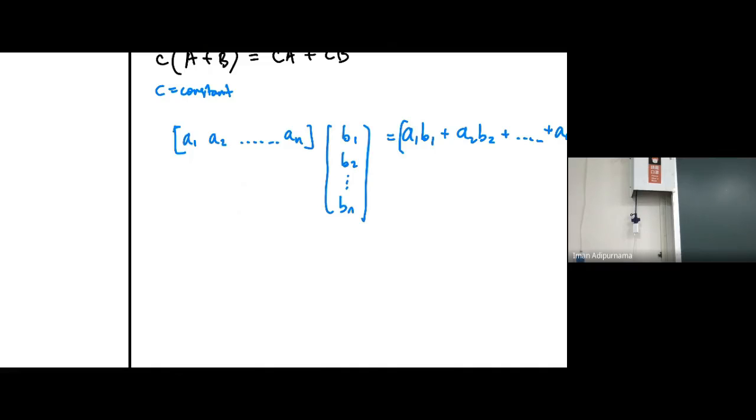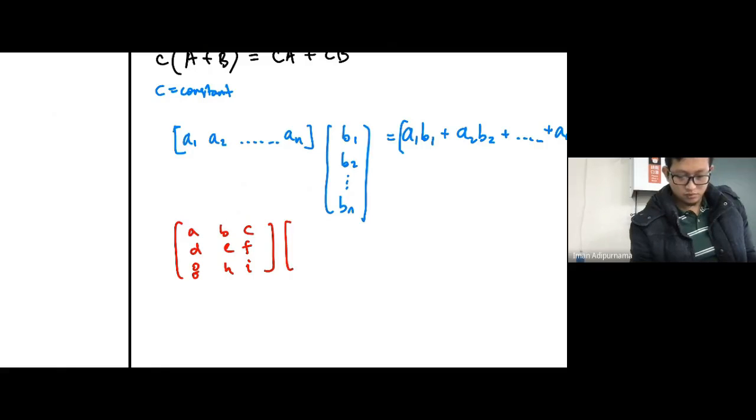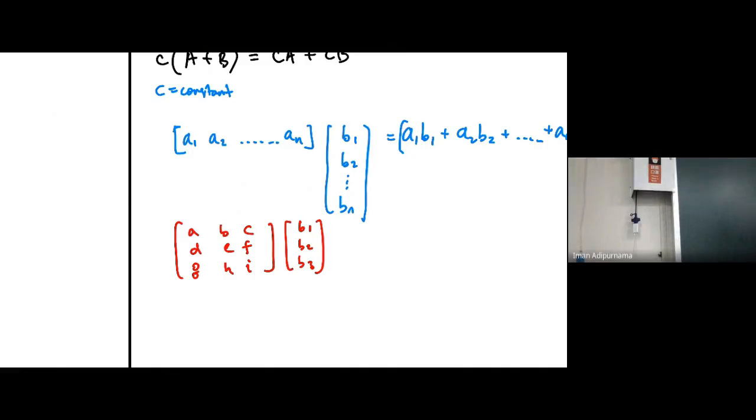If it's perfectly 3 by 3, and the second one and the third one, that you can do. But if this is 4 or 5, you cannot multiply those matrices. I will review more tomorrow.